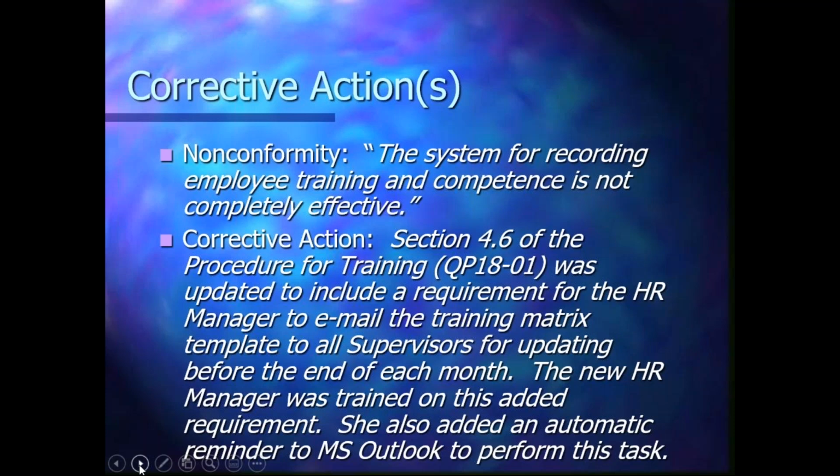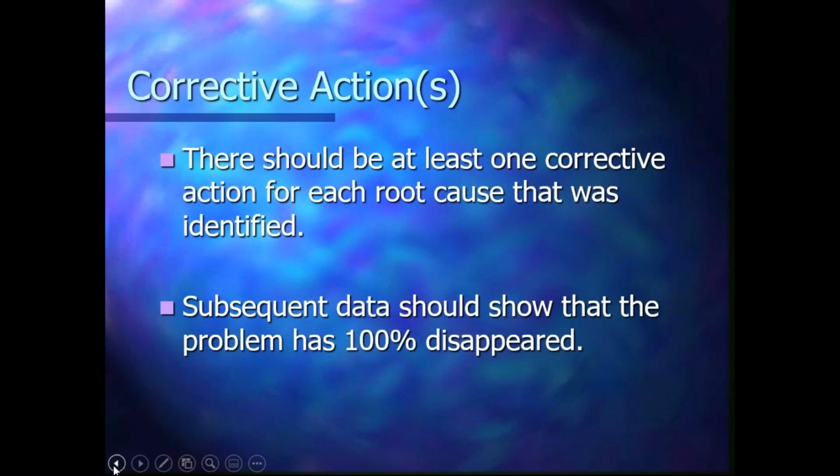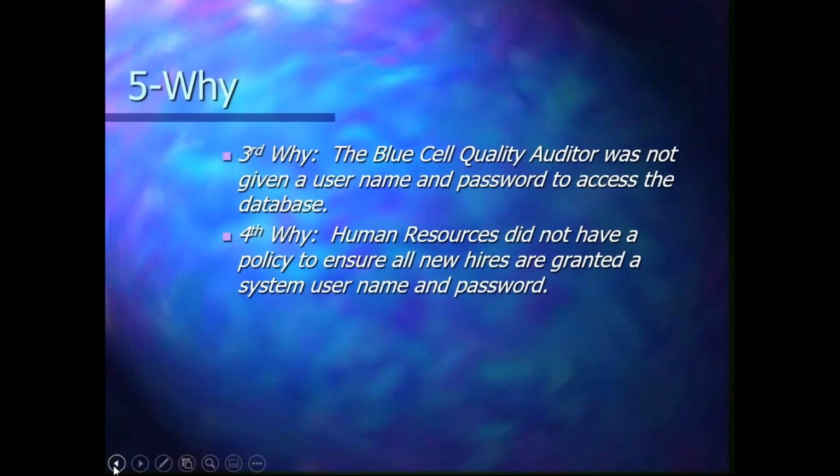Does our corrective action address our root cause? Our corrective action states, Section 4.6 of the procedure for training was updated to include a requirement for the HR manager to email the training matrix template to all supervisors by the end of the month. The new HR manager was trained, and she added an automatic reminder to Outlook to perform this task. Does this corrective action address the root cause? Well, let's scroll back to our root cause.